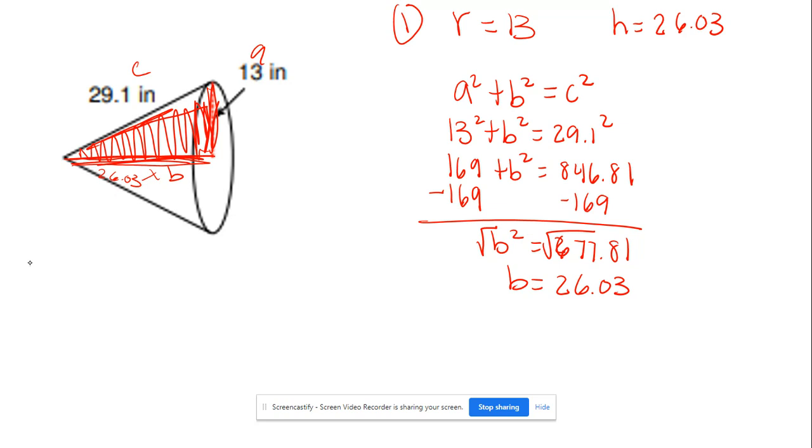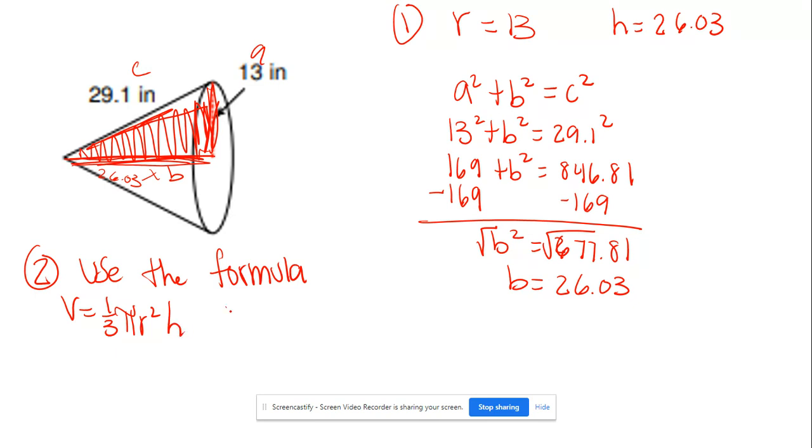Now, b is this height right here, so this is supposed to be 26.03, meaning my little h is 26.03. Now, step 2 is just to use the formula. And the formula is volume is 1/3 pi r squared h. Volume is 1/3. Well, we know what pi is. That's 3.14.